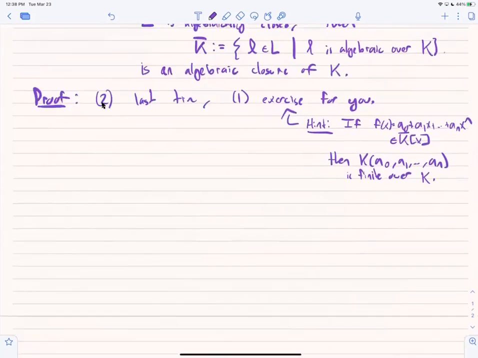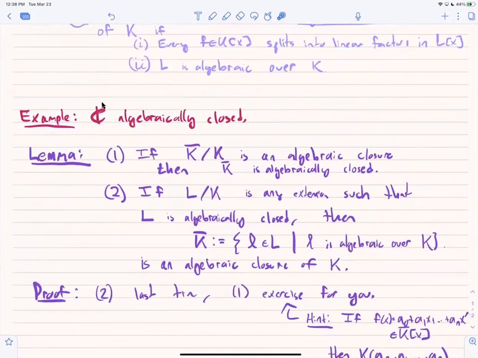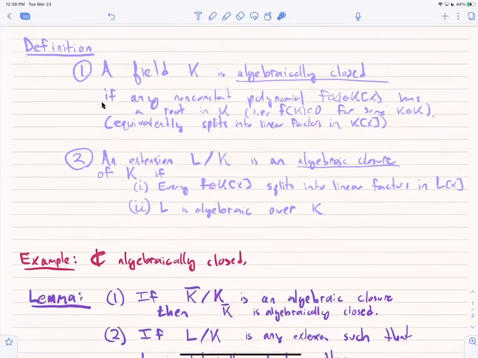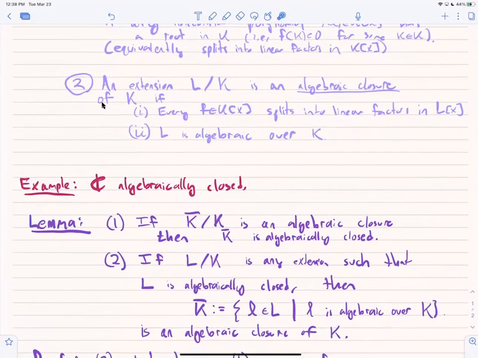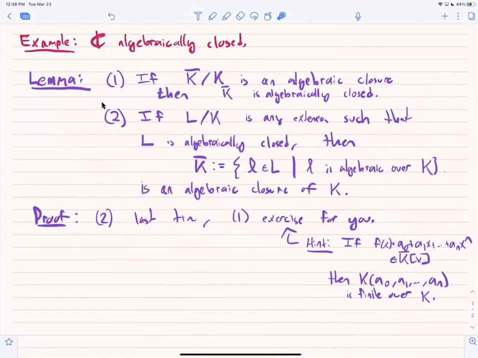Okay, and so good. That's the statement. This tells you that the names we've chosen for these definitions make grammatical sense: the algebraic closure of a field is algebraically closed. I think that's the main part of 1.